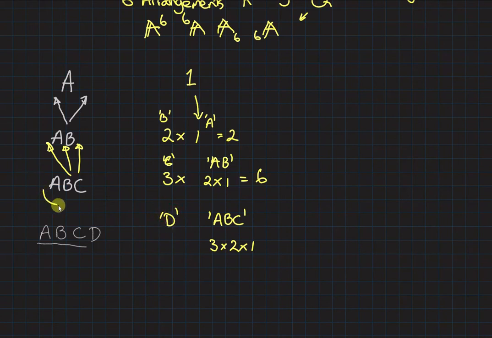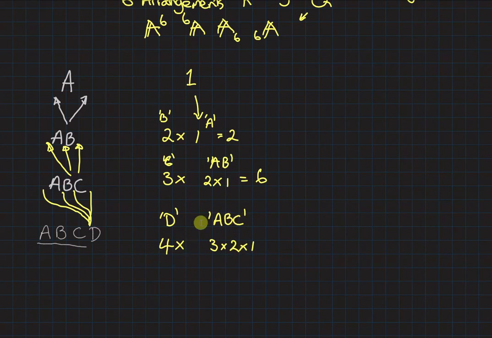Well, the D can go in front of the A, between A and B, between B and C, and after the C. So that gives me 4 places. This actually says D can be in 4 places. The 3 times 2 times 1 gives me the different ways that A, B and C can be arranged.